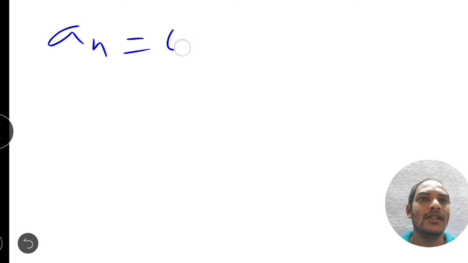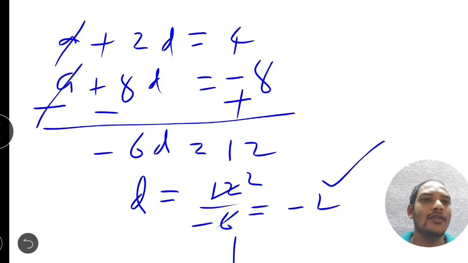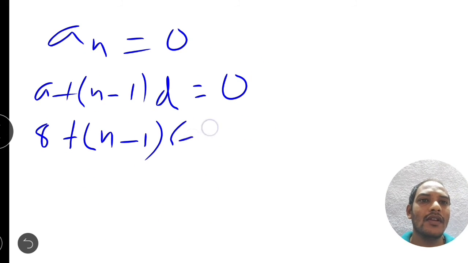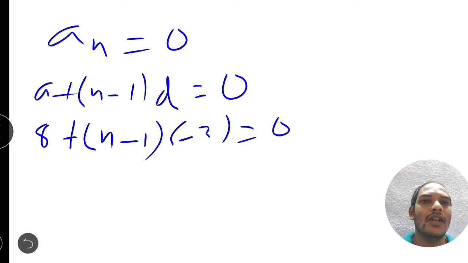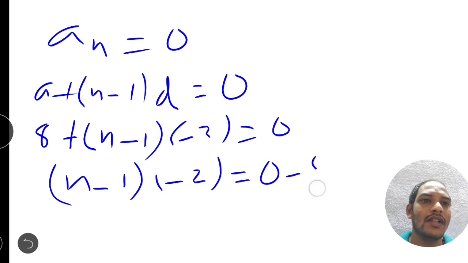Nothing but let us equate 0 to the nth term. So A plus n minus 1 into D equals 0. So A value 8 plus n minus 1 into D value minus 2 equals 0. Now to find the n value, first transpose plus 8 to the other side.